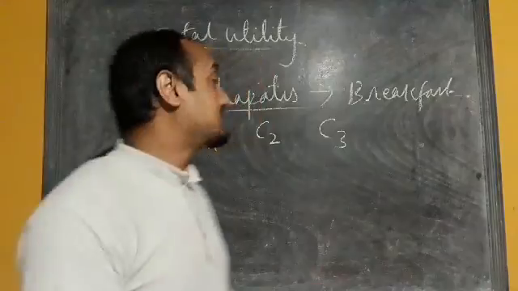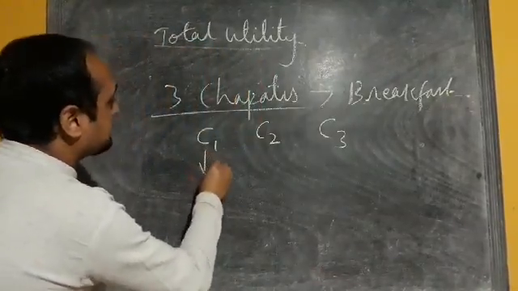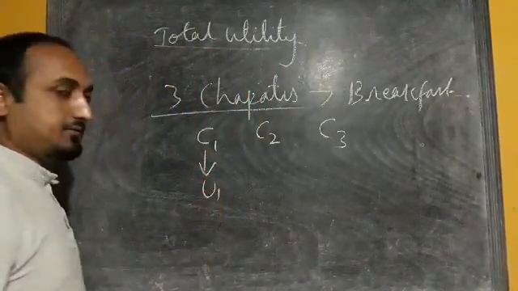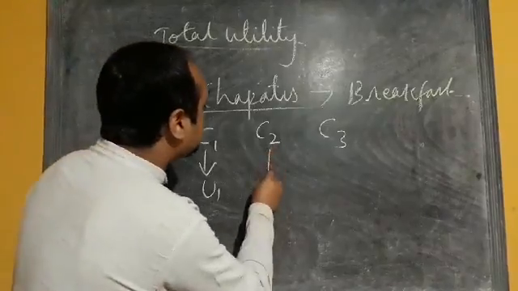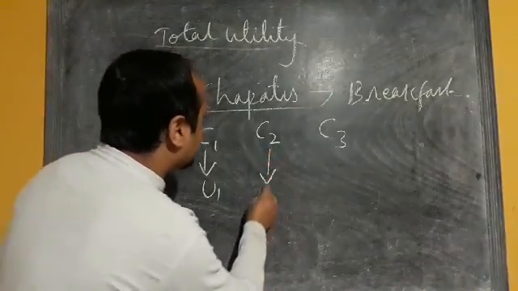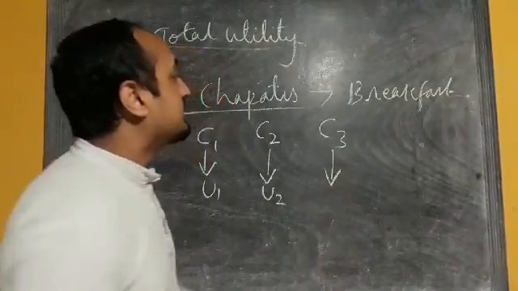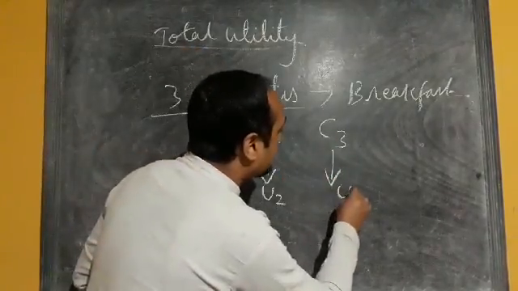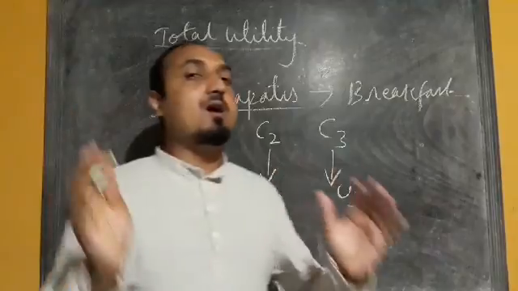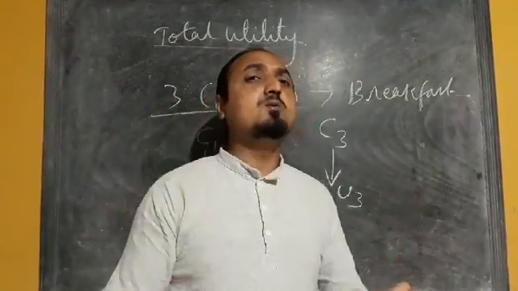Now the satisfaction obtained from that first chapati is, suppose U1. The satisfaction derived from the second chapati is, suppose U2, and the satisfaction derived from this third chapati is, suppose U3. Now you are asked to find out the total utility.